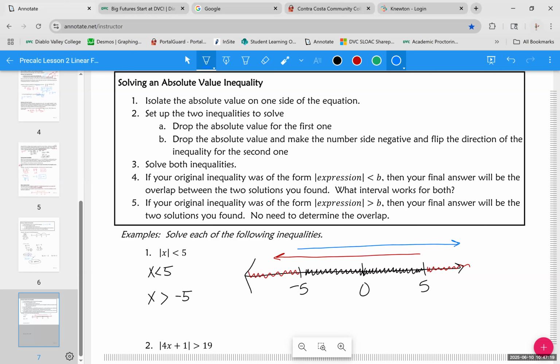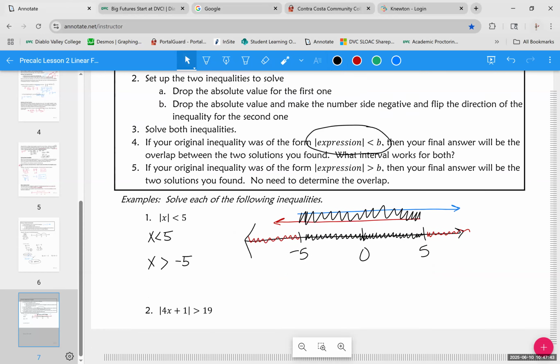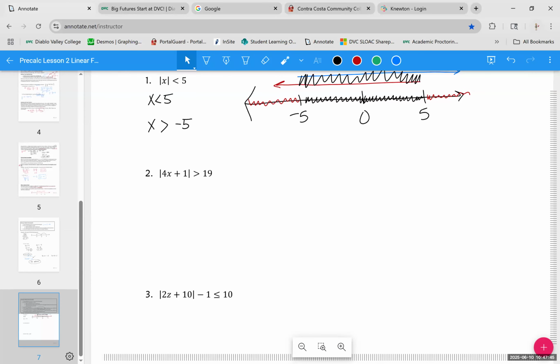So where do those two things overlap? And that would be here, what we had already shaded. So if your original inequality was less than, you're looking for that overlap. If your original inequality was greater than, then you don't have to do the overlap. You just keep everything you found, which I'll show you in the next example.